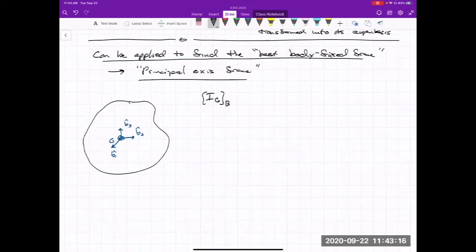It's a symmetric matrix. You should probably check that you have a symmetric matrix if you were to do calculations. Otherwise, you've done something wrong. Once you've got this, you could solve for eigenvalues. And we'll call those eigenvalues I1, I2, I3.